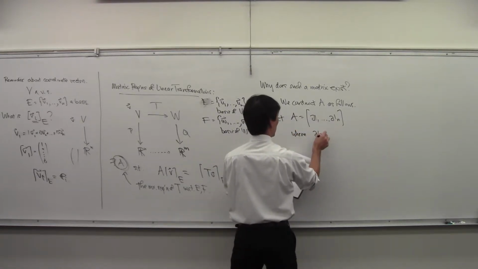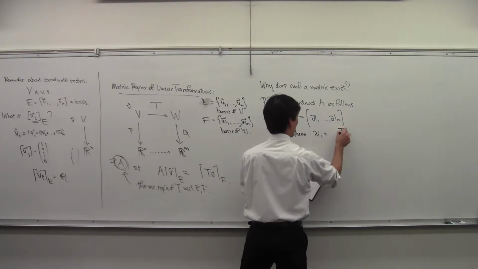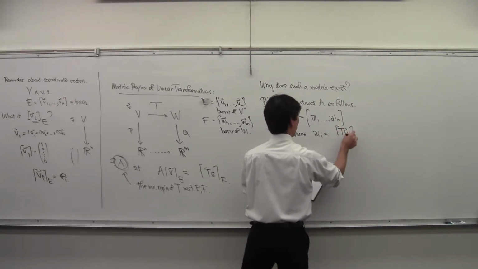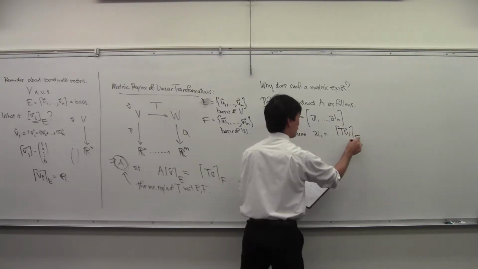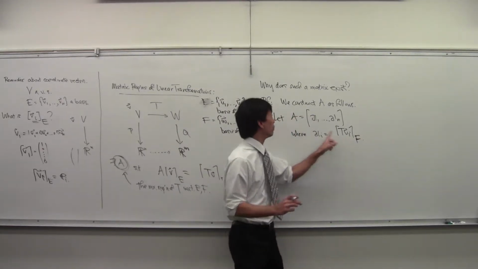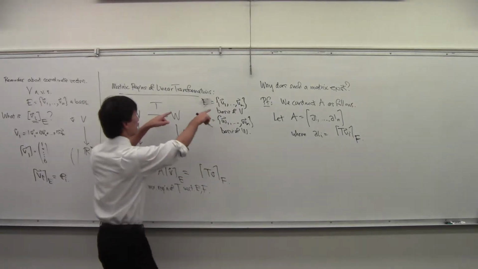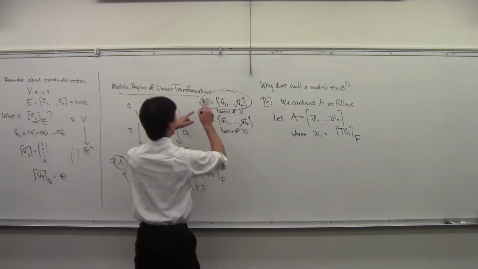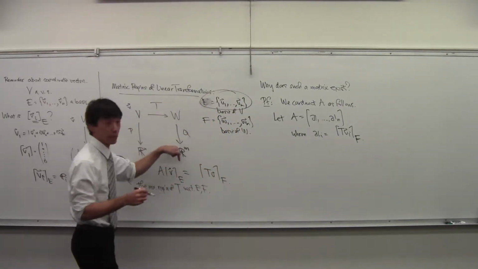the ith column is, what do you get when you take the ith element of your basis, the ith element from the E basis, map it over, and take it down.